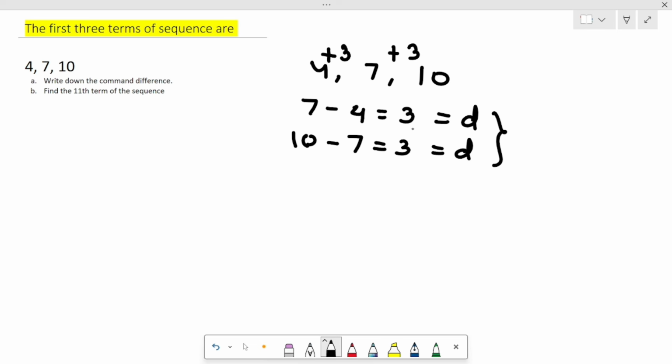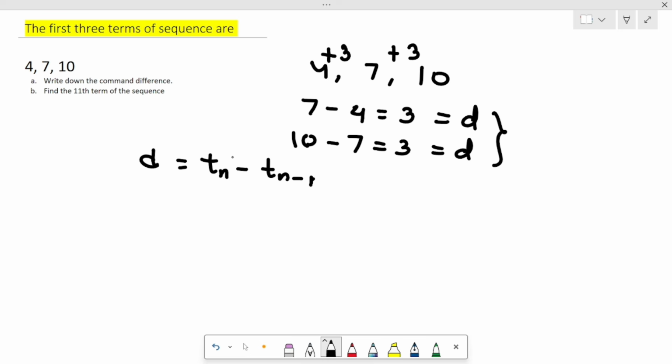In the first question, they ask to write down the common difference. If I generalize, the common difference is always T(n+1) minus Tn, successive minus preceding term.